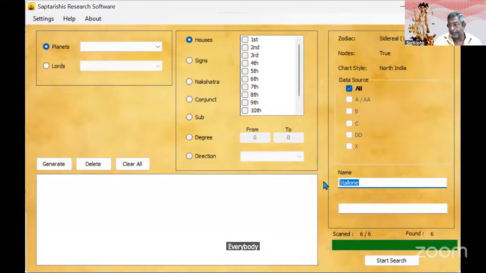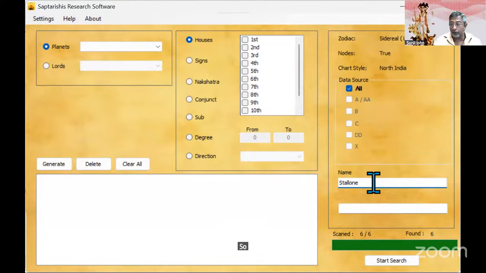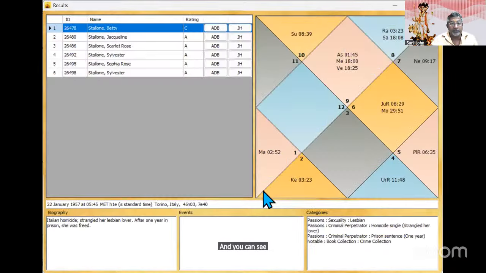So if you want Stallone, click on search, and you can see we have 5 charts of the Stallone family, and all that. Everybody getting what I'm showing?